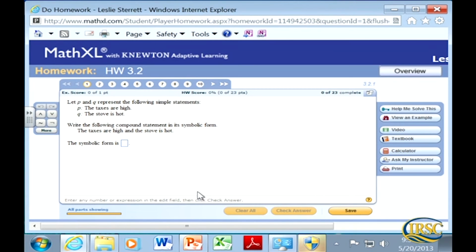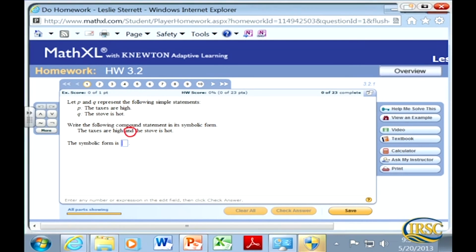So the taxes are high and the stove is hot. What do you see? And, good. If you can get in the habit of doing that, it's going to really help you to translate these symbolically. Notice that once I circle the and, it splits it up into the two simple statements.